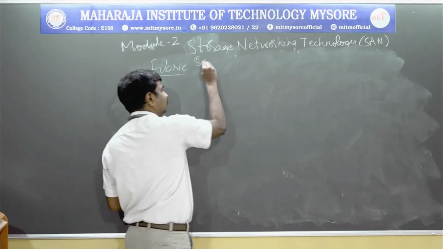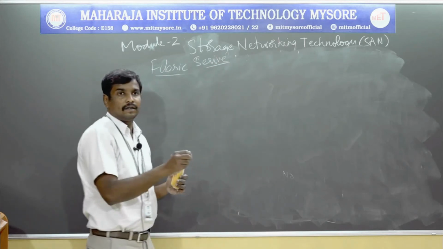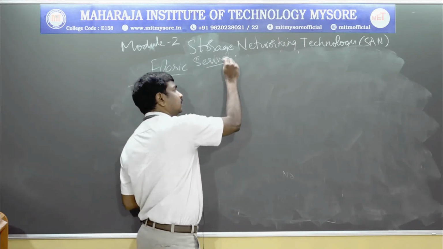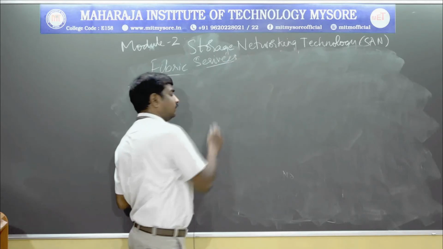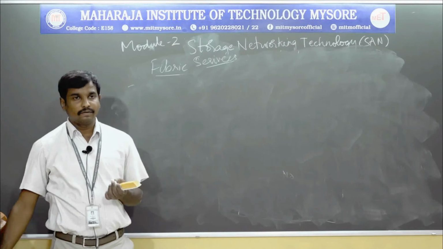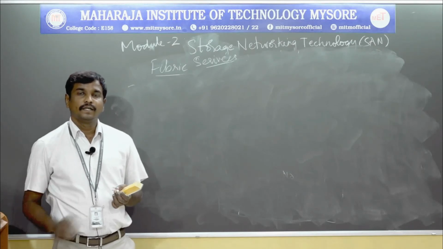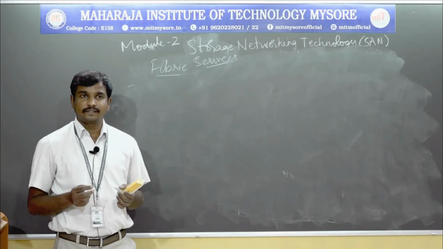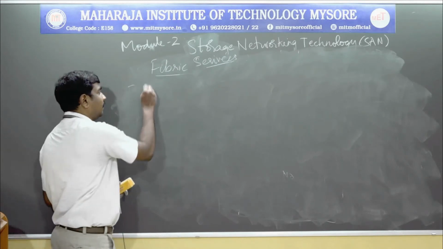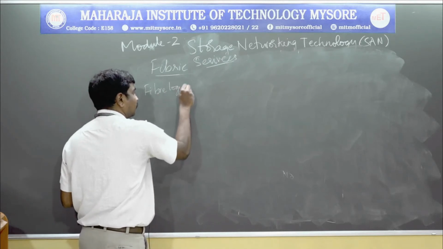Okay, fiber services. Whenever we are connecting devices, one device to another device, they are connected in the form of some addresses. So we have an address called the fiber login address.